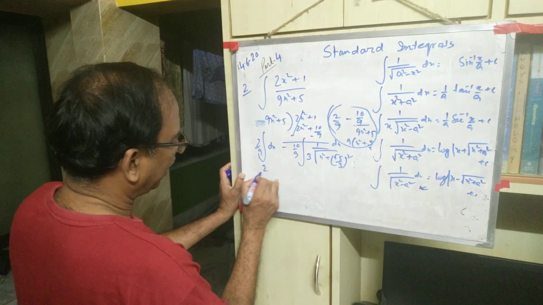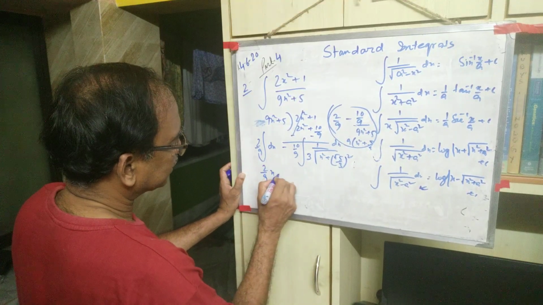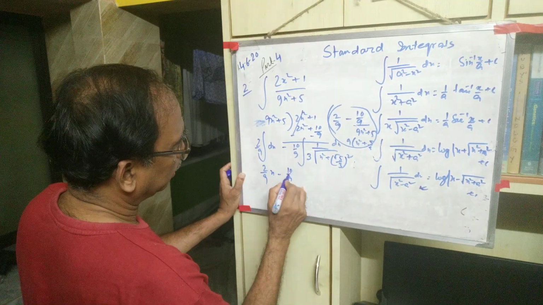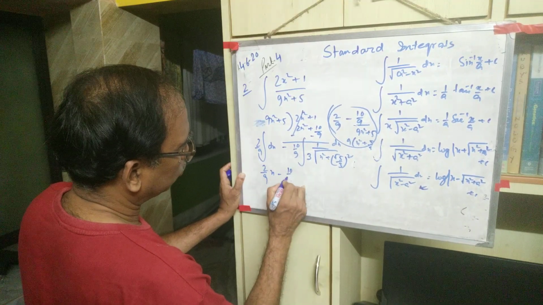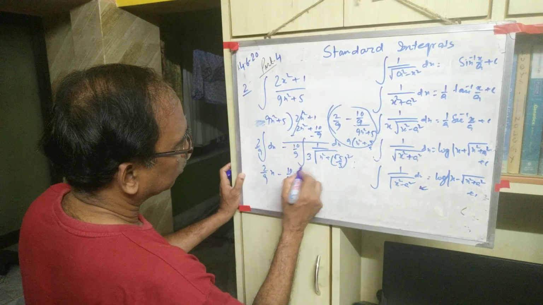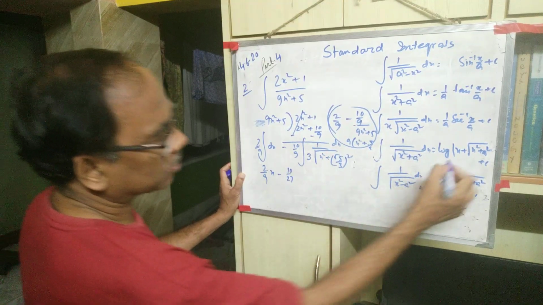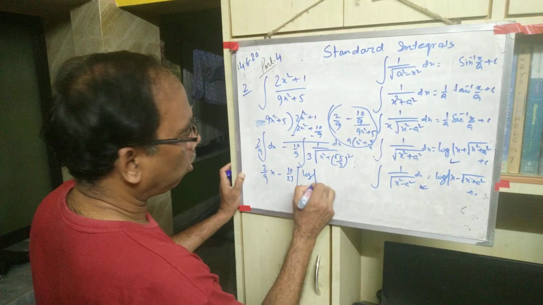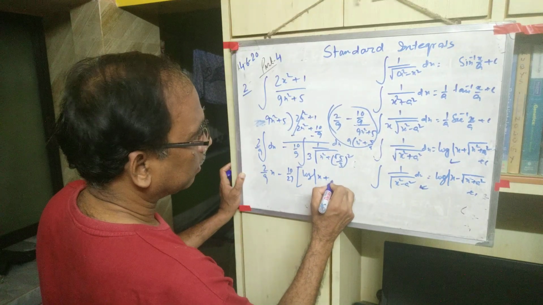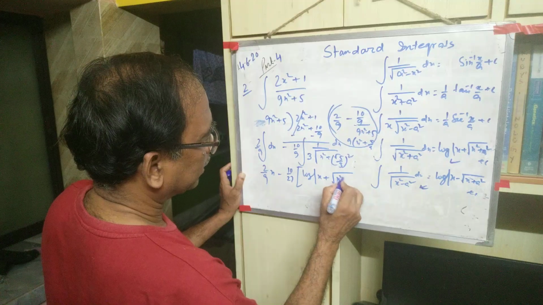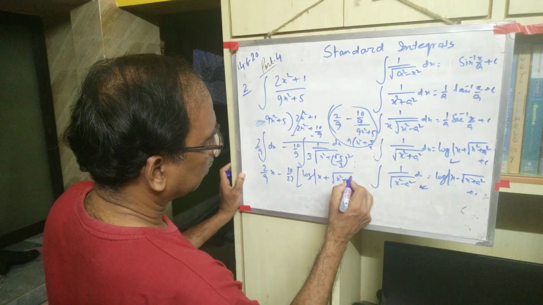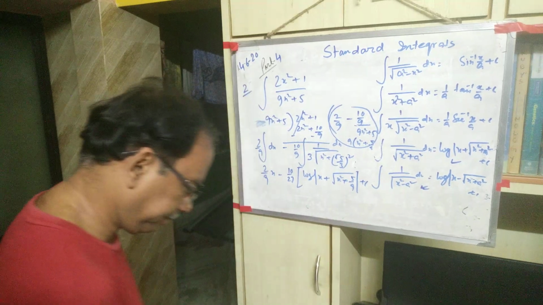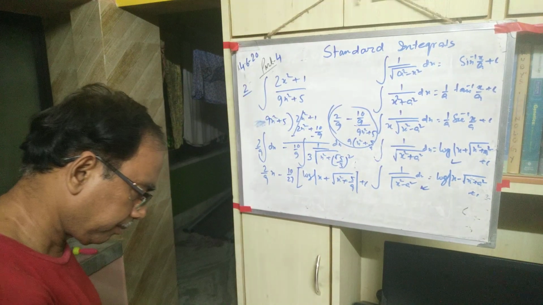So 2 by 9 integration x minus 10 by 9 into 3, 27, 3 coming out, 27. So integration 1 by x square plus a square, this formula, log of mod x plus root over x square plus a square, means 5 by 9, plus c.